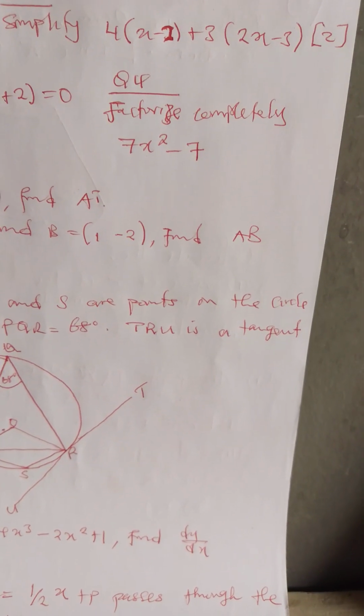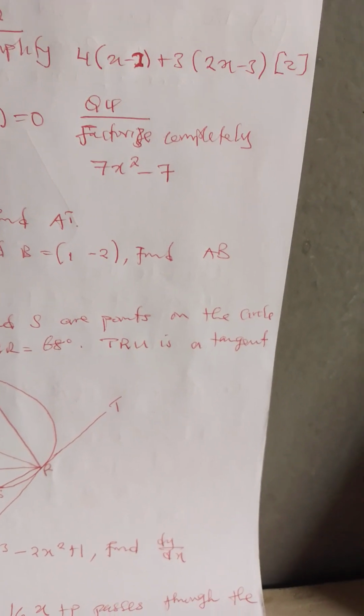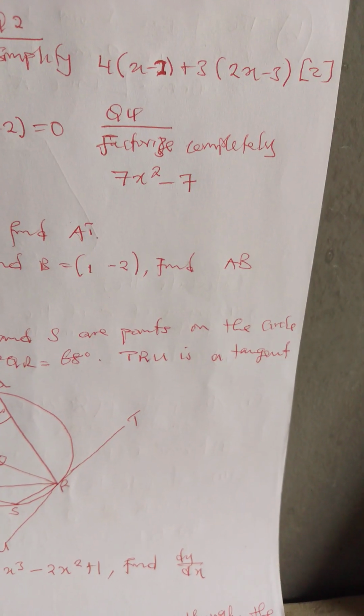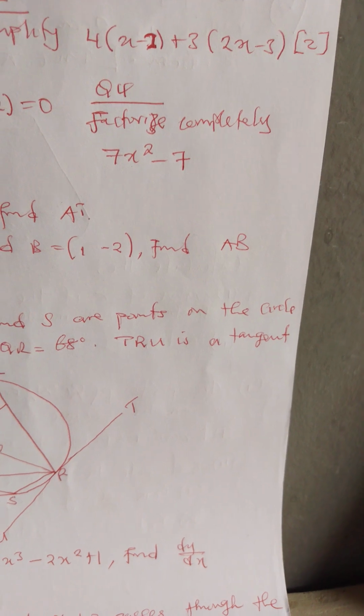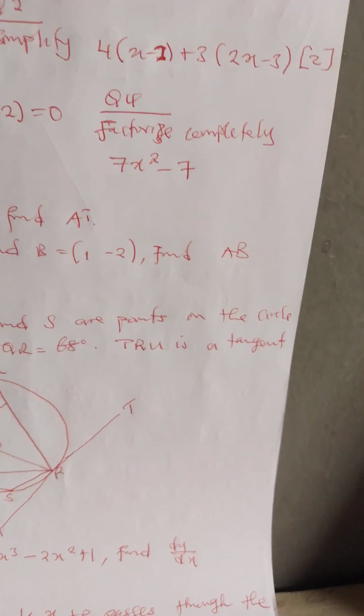Question 4 reads, factorize completely 7x squared minus 7. Factorize completely 7x squared minus 7. So, when you are dealing with factorization, first of all, you need to check what is common on both sides.